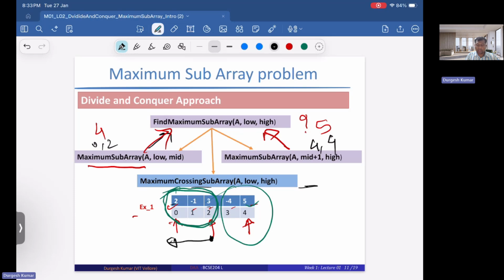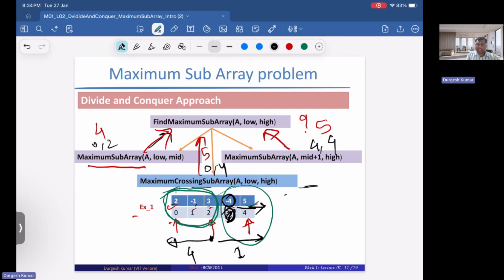So 3 plus 2 is 5, minus 1 is 4. So this will return 4 from this side, and on this side, 3 must be included, then minus 4, and 5 also. So 1 from this side. So this is also returning the same 5, with low index 0 and high index 4.